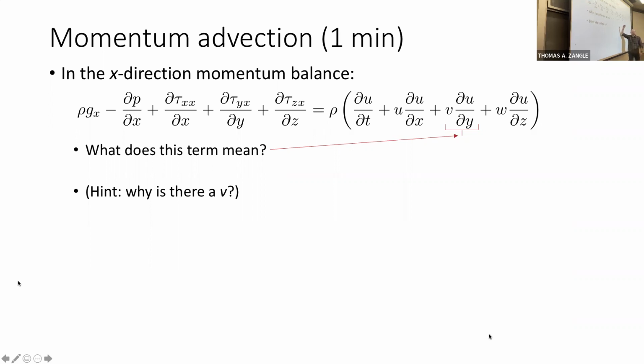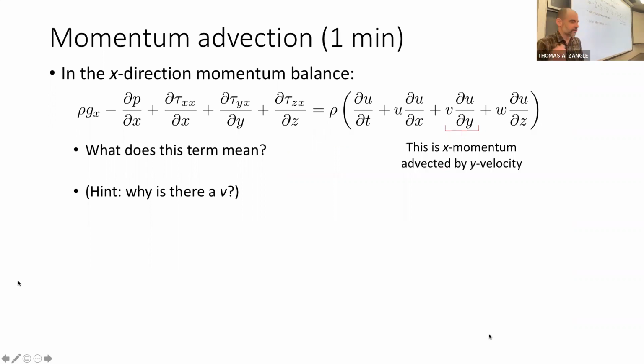And this is exactly analogous to what we saw in the control volume form, and then I tried to illustrate with a water bottle. Imagine throwing it across the room. So this is, again, x momentum advected by y velocity, right? And this is x momentum advected by z velocity, right? And then this one, what's this one?